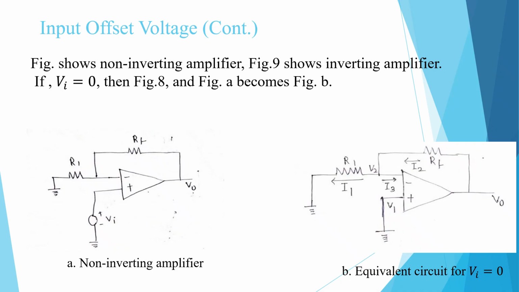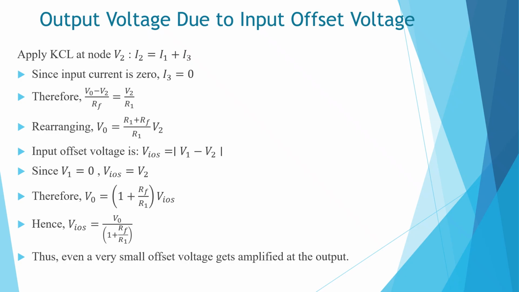Let's consider input offset voltage for different circuits. If we consider a non-inverting amplifier circuit, which is shown in figure A, if Vi equal to 0 in figure A, it becomes like figure B. Now let's derive the expression for output voltage due to input offset voltage.